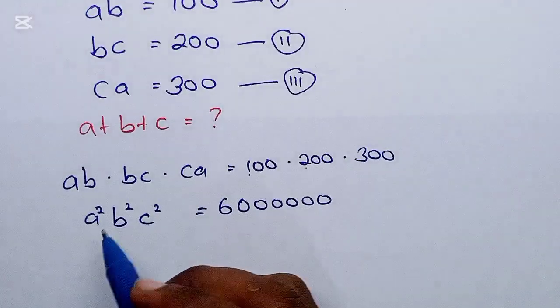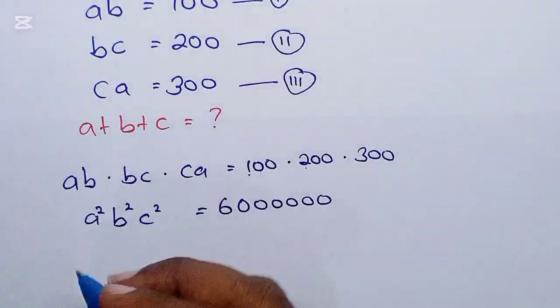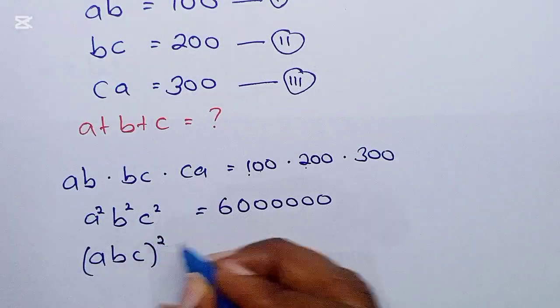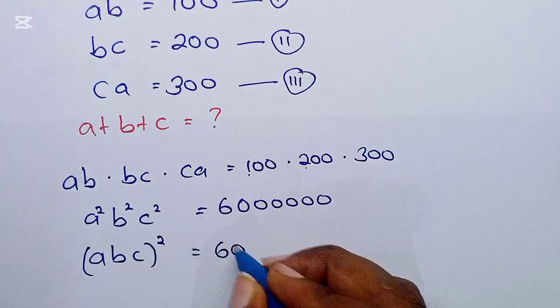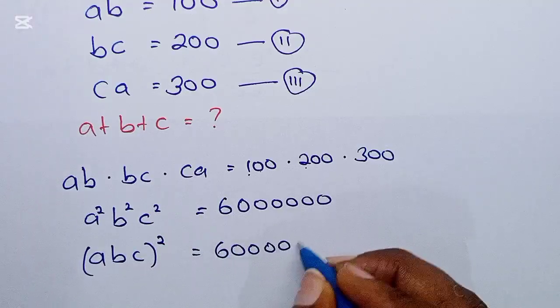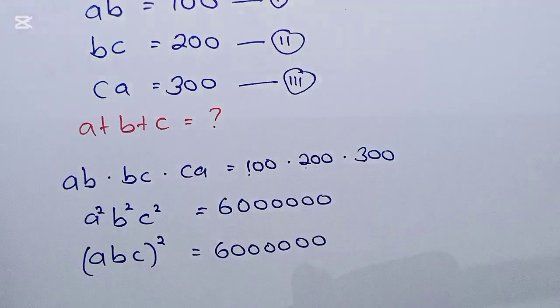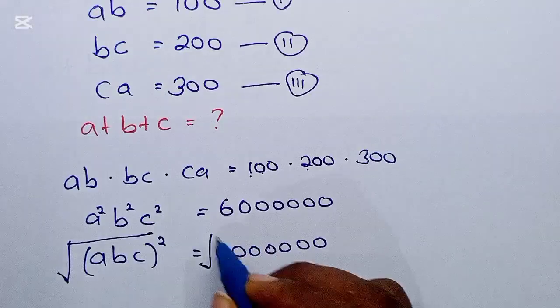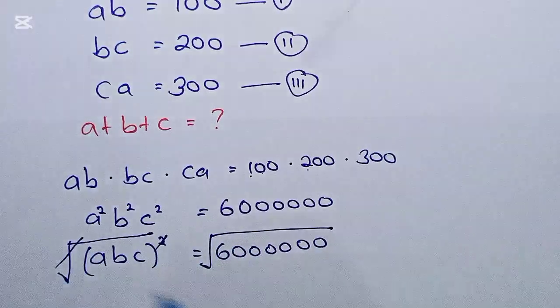Since they all have powers of 2, we can say A, B, C all power 2 is equals to 6 followed by 6 zeros. So let us find the square root on both sides. Square root here, square root of this. This cancels with a square root.